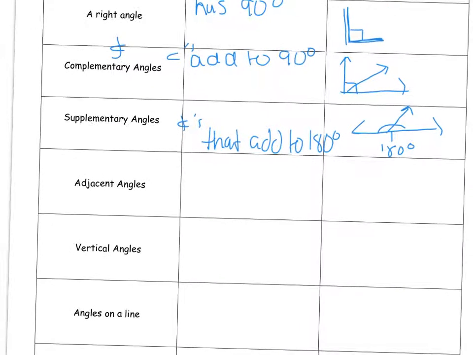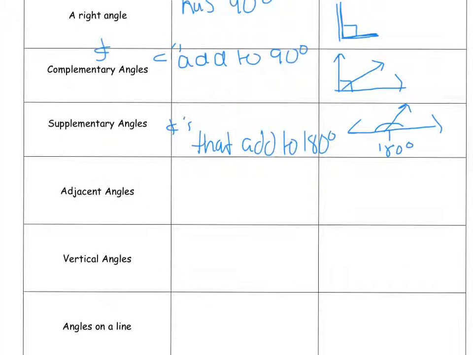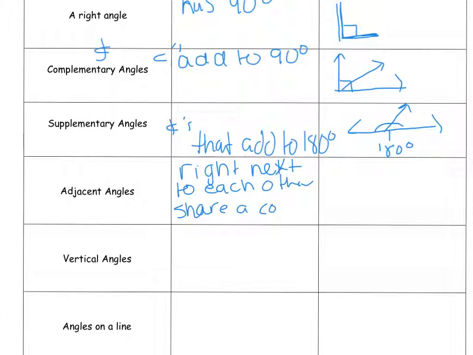Adjacent angles. Adjacent angles are just right next to each other. They're next door, right next to each other. They share a common ray.